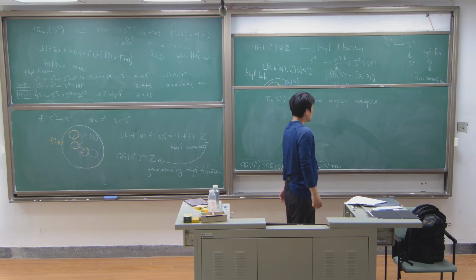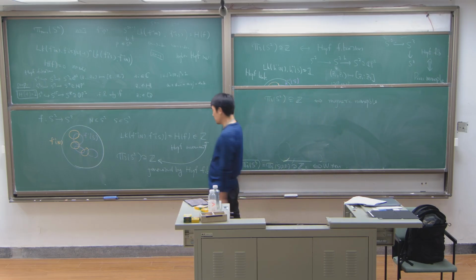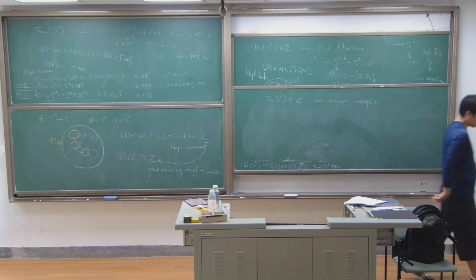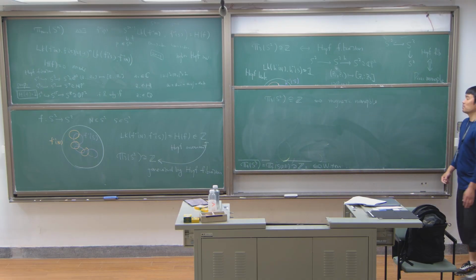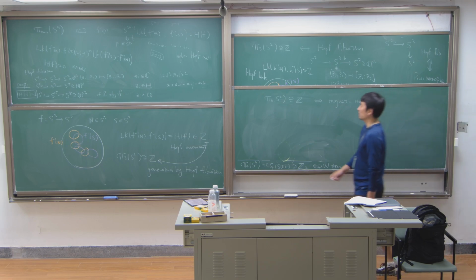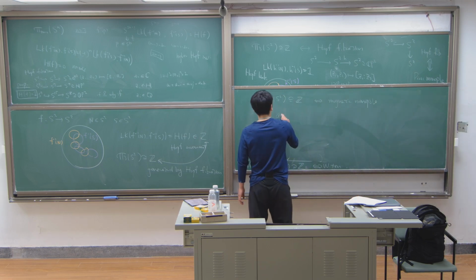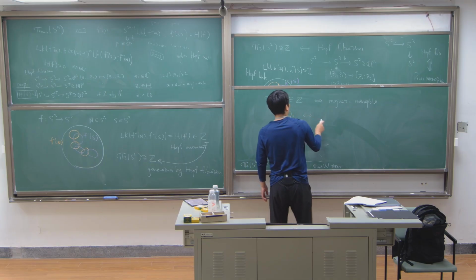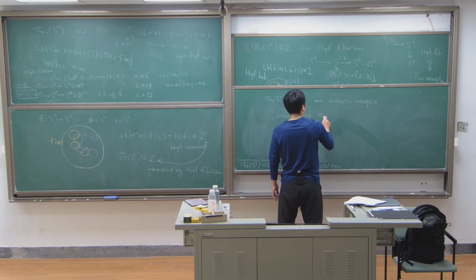And nowadays condensed matter people consider things like Witten's anomaly, and this anomaly is closer to this higher homotopy.